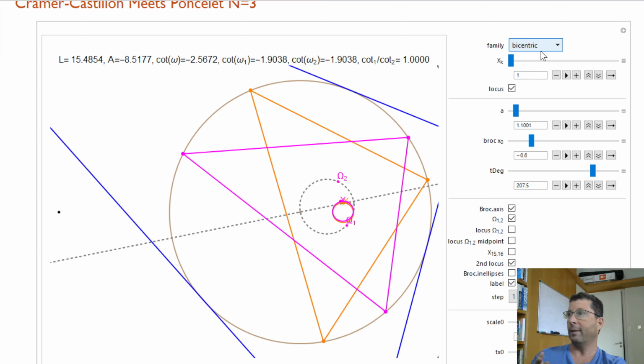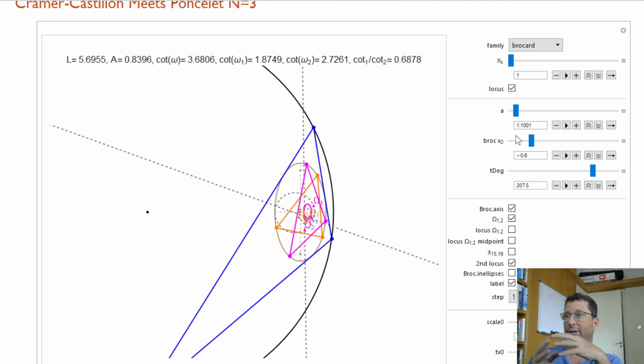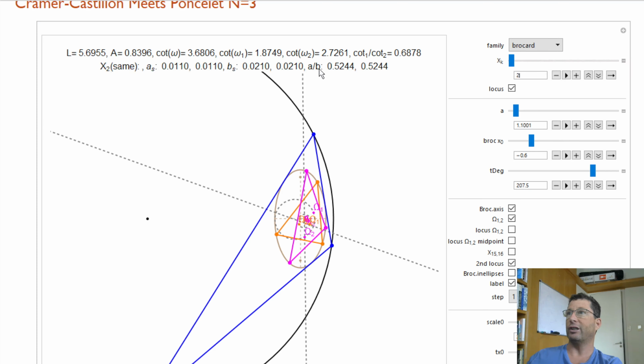So what's really amazing about the Brocard is that you lose the organization: the two Brocard circles are distinct, the two Brocard axes are distinct, you've got 4 distinct Brocard points, but you get something interesting regarding loci. Loci of x1, I'm not getting any ellipses here, but loci of x2 are common ellipses.